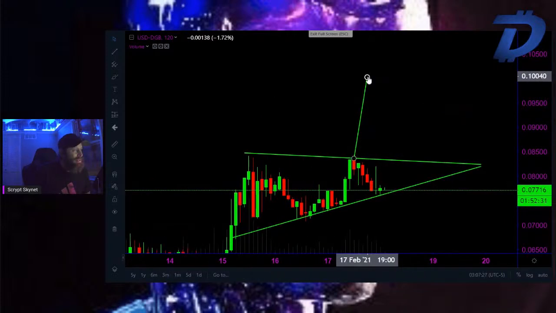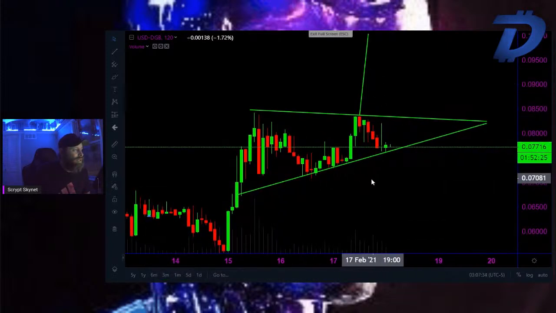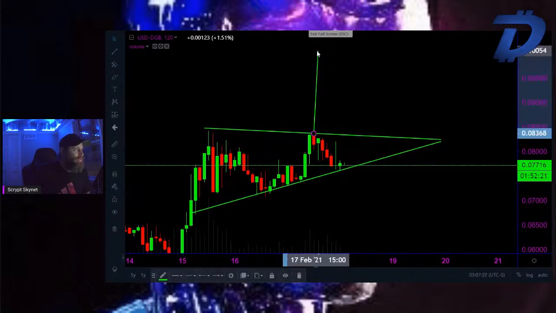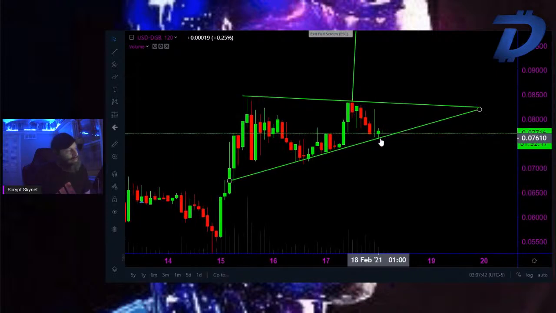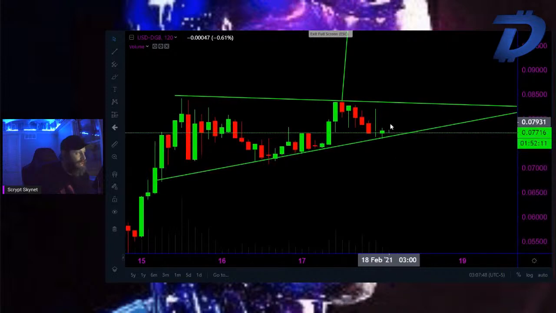So that's 10 cents. This is a little closer to the Fibonacci. Yeah, 10 cents. Fibonacci was like 10 and a quarter? But we're down here. We are getting some green candles, though. Check it out.